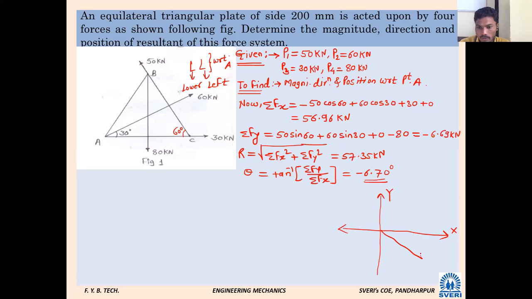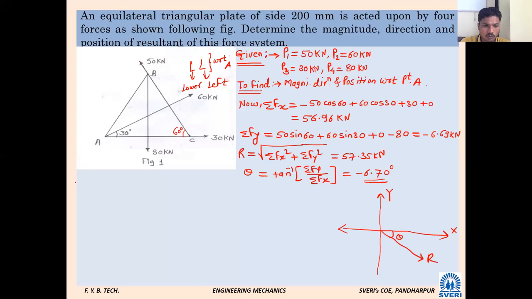Angle is negative, correct? So in this way I have to show theta. Are you with me? Yes, sir. In this way I will not show you further things. Forget about it now, further things are not necessary.